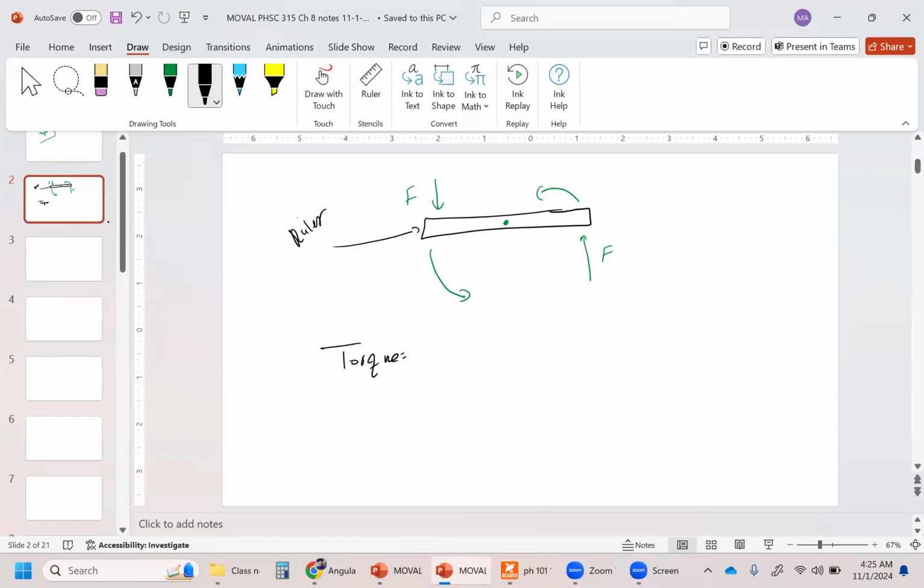And the best definition is what causes an object to have angular acceleration.